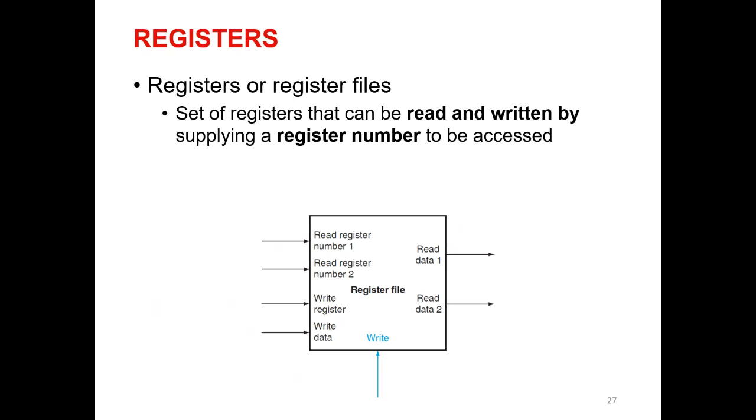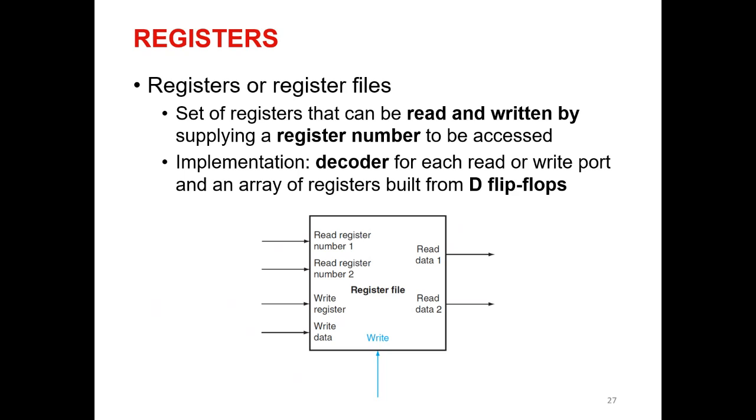For creating a register, we just need a decoder and D flip-flops, several of them. We indicate the register number to the decoder, and whether we want to read or write it, and using a decoder and the D flop, we can update this value or only read that value.